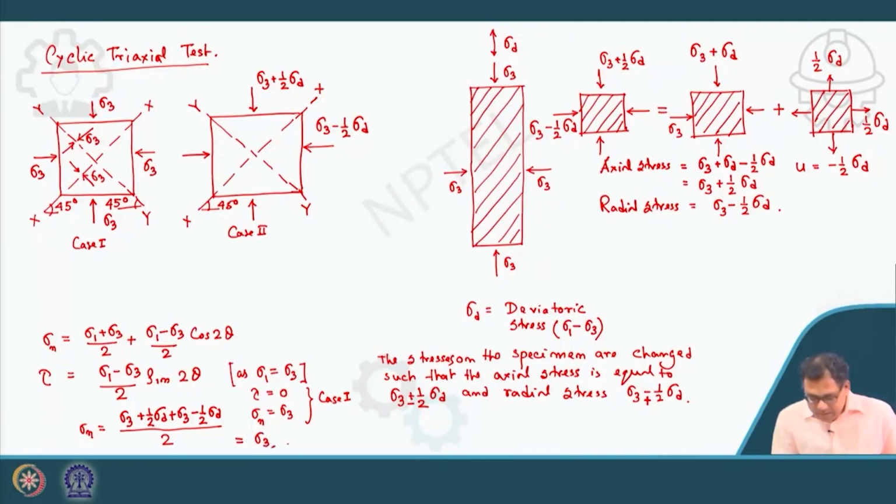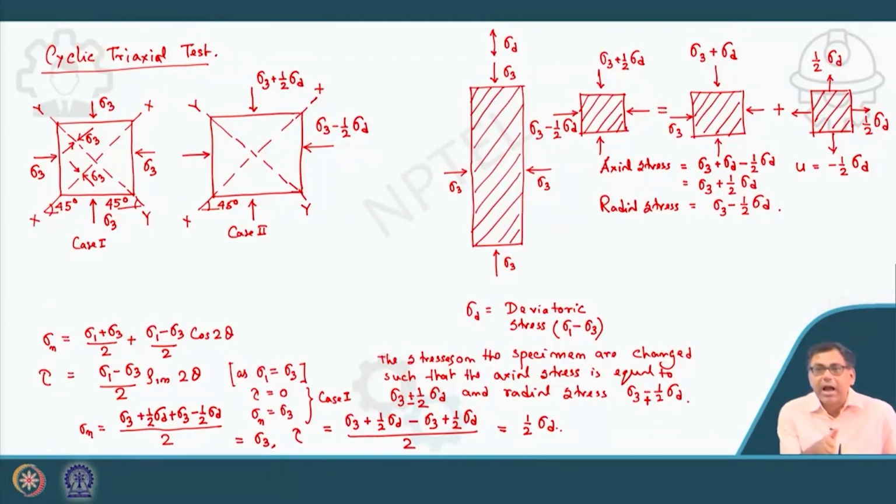Okay, and the tau will be equal to sigma 3 plus half sigma d minus sigma 3 minus half sigma d divided by 2. So sigma 3 is cancelled, half sigma d. So this will be half sigma d. So now shear stress is not 0 because of this applied load. Now shear stress is generated.